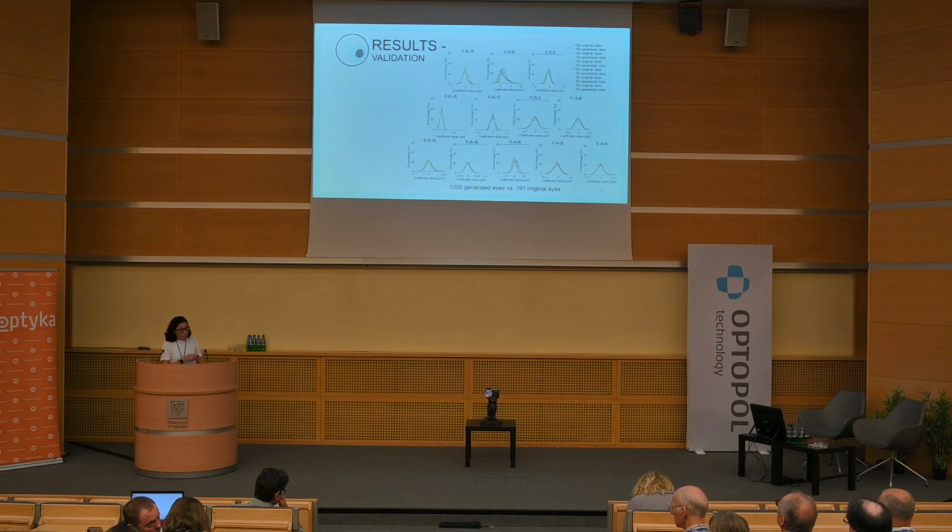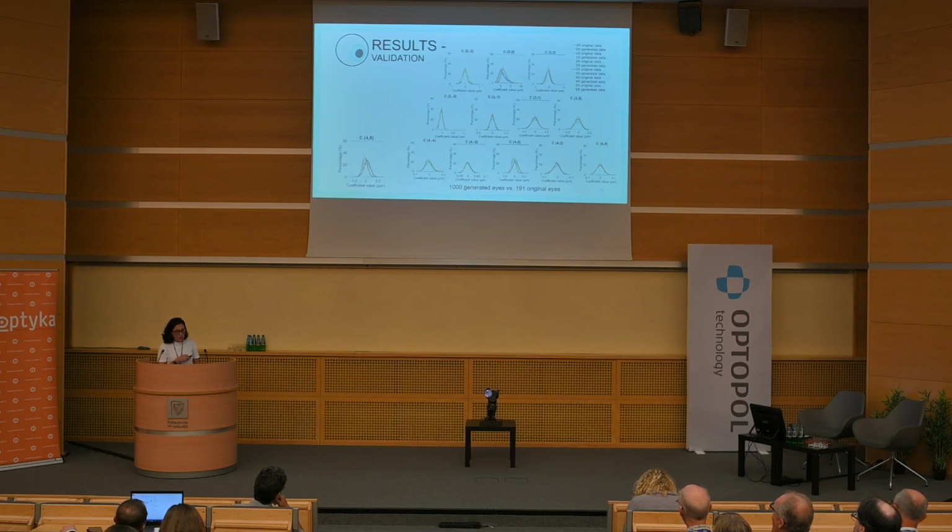So, for example, the focus trends to positive microns with accommodation, and with the generated eyes the trend is similar. Also, when we applied statistics, the mean values of the Zernike coefficients were not statistically significantly different and are more or less the same, and also for the standard deviation.